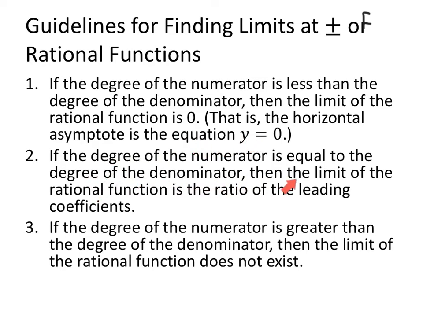If the degree of the numerator is equal to the degree of the denominator, then the limit of the rational function is the ratio of the leading coefficients. If the degree of the numerator is greater than the degree of the denominator, then the limit of the rational function does not exist. And that's the limit as we're approaching plus or minus infinity. Wow. Yep, that's really bad writing.